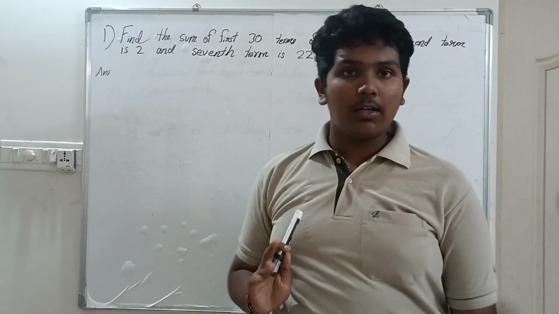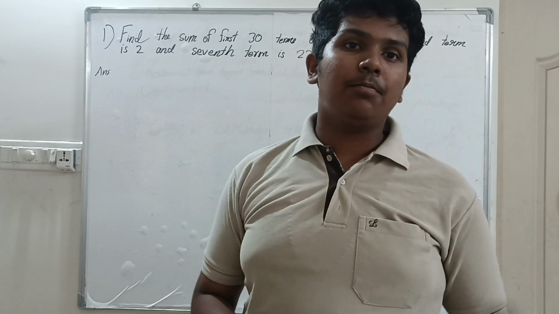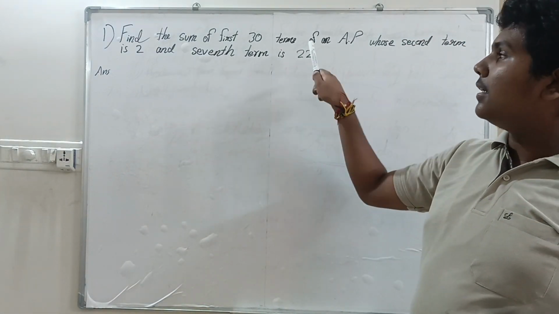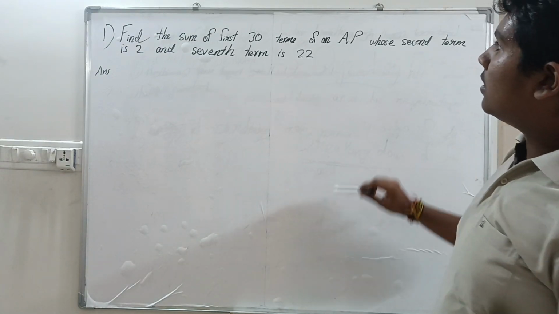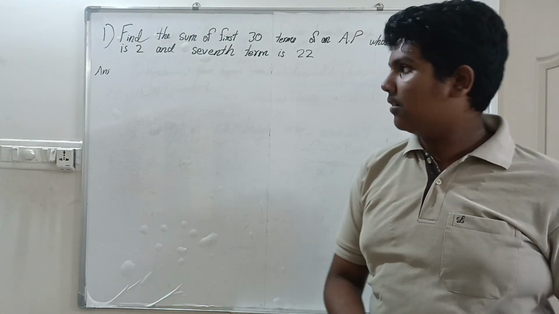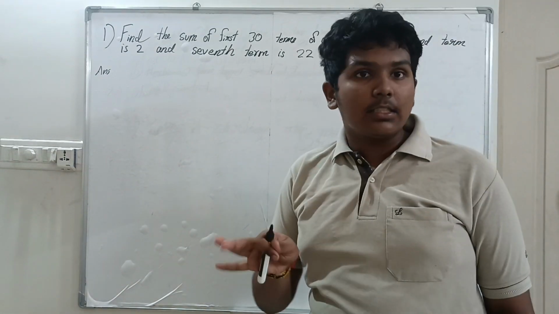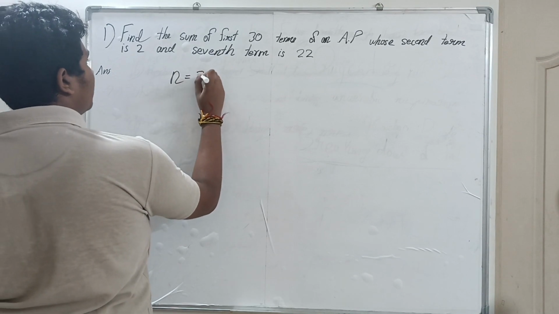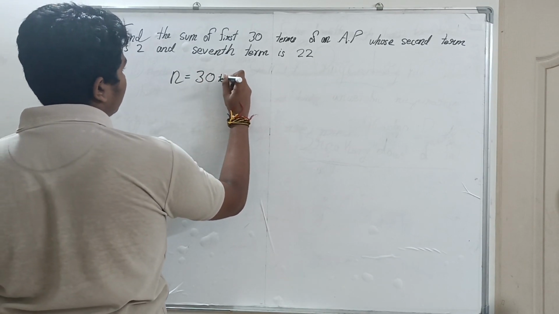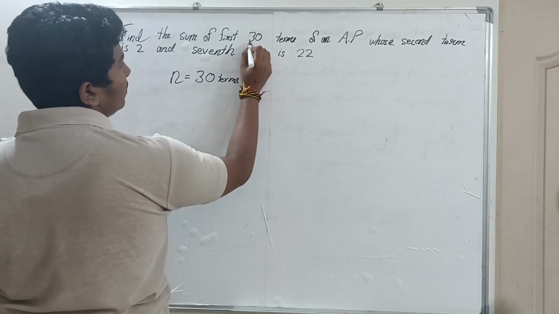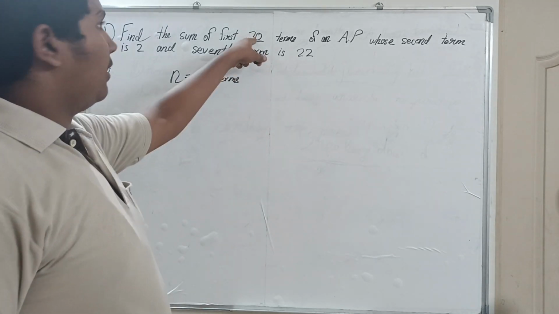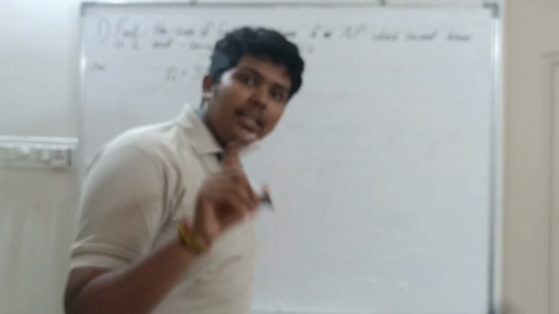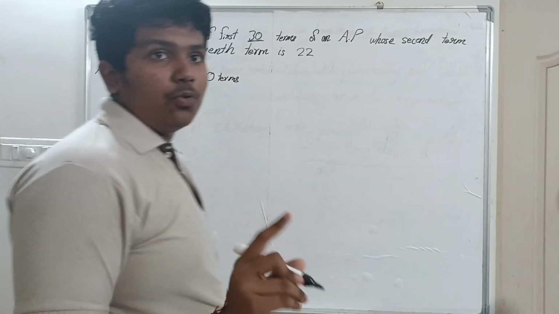Okay, what do you understand from this question? It is asking you to find the sum of the first 30 terms. So here n is the total number of terms, n is equal to 30. 30 terms of an AP whose second term is 2.